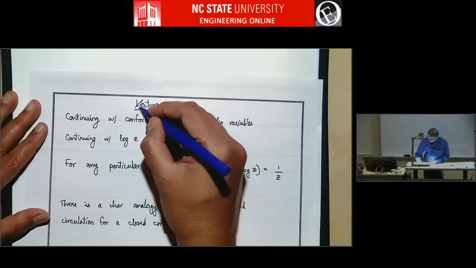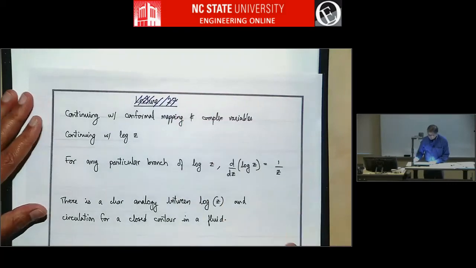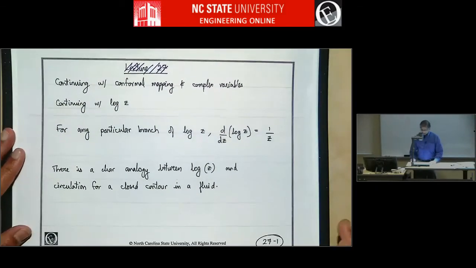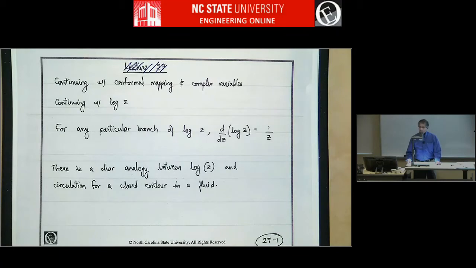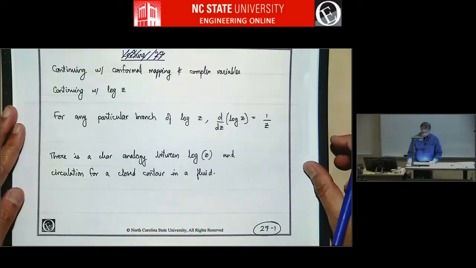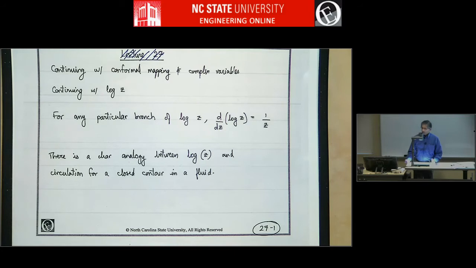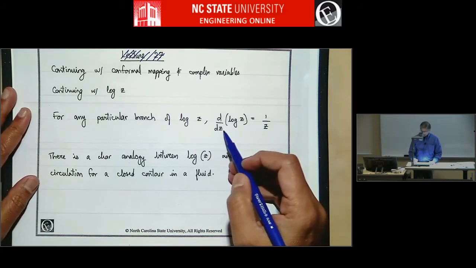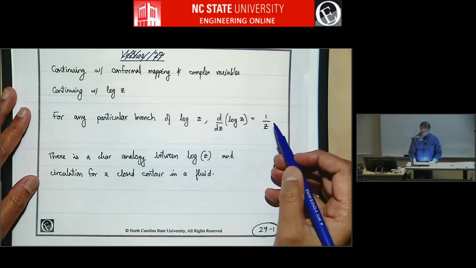I'm going to continue using my notes from the previous year to keep things moving along because we have a time constraint. Continuing with log z, the derivative d over dz of log z is 1 over z.